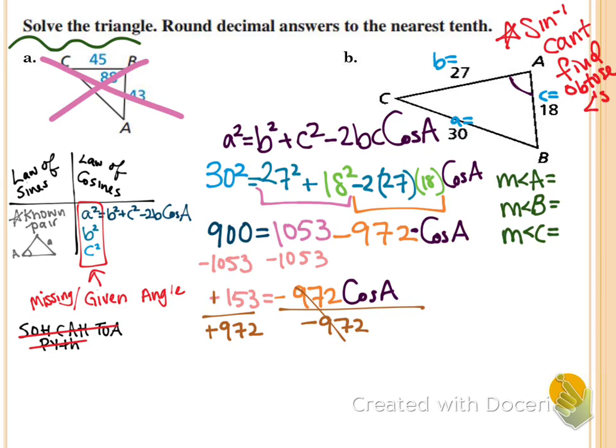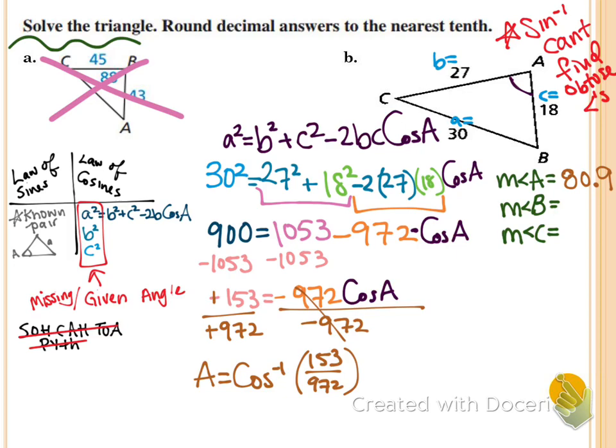So we want to get A by itself, it's attached to cosine, so we're going to need to do the inverse of cosine of 153 over 972. So shift cosine, 153 divided by 972, and we get 80.9. So that was A, 80.9.